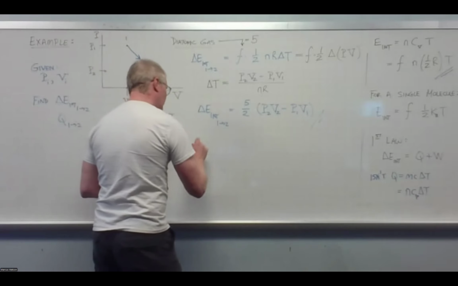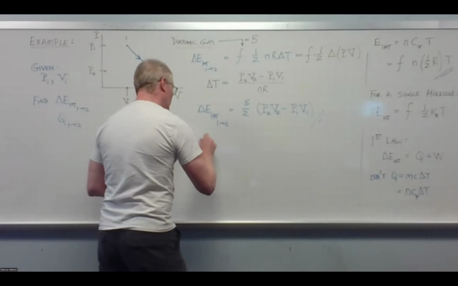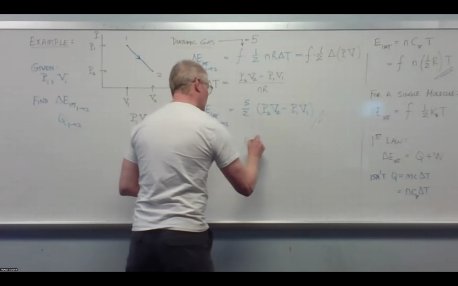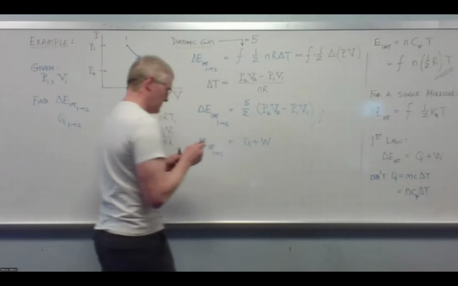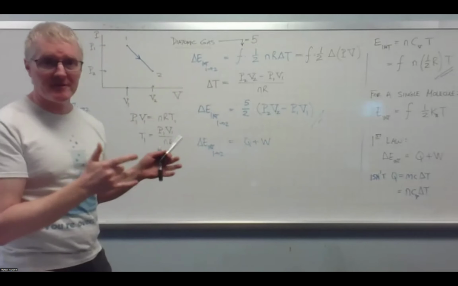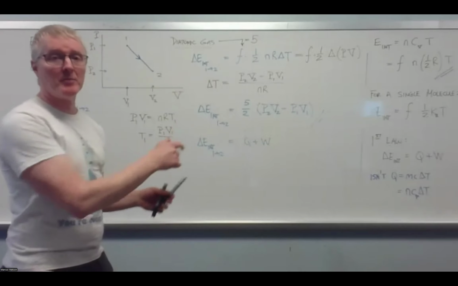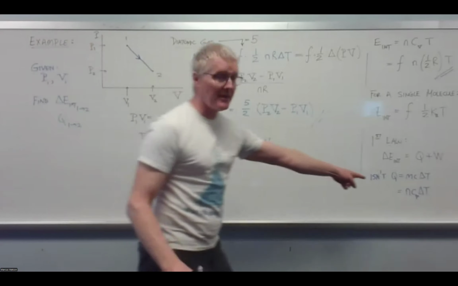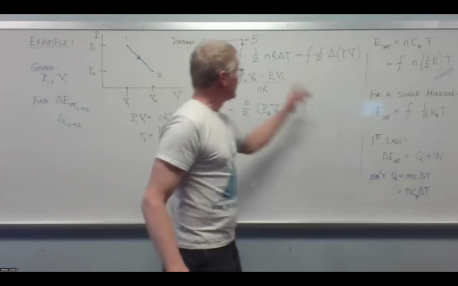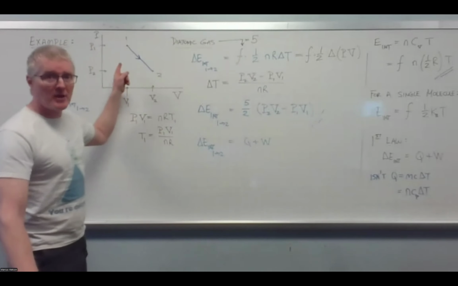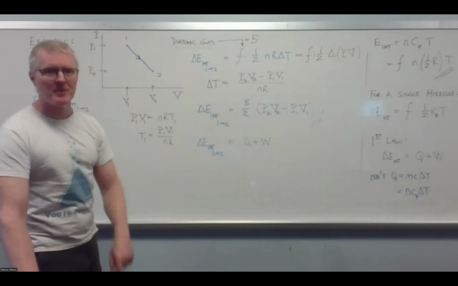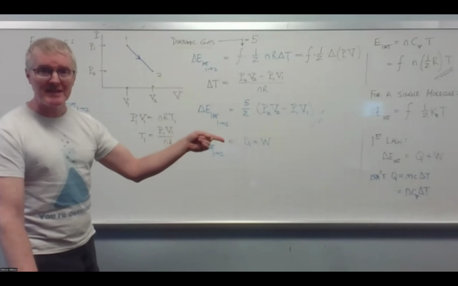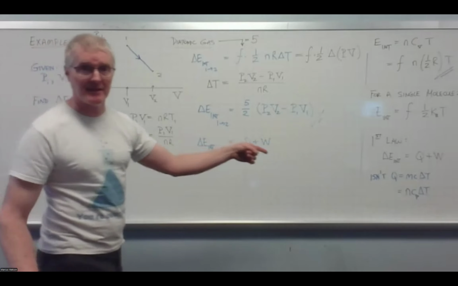All right, delta E internal is equal to Q plus W by the first law. So if I'm going to find Q, I really want to find W first. Note, I can't use something like this. This is not a constant volume process. This is not a constant pressure process. I can't use those heat methods of calculating.